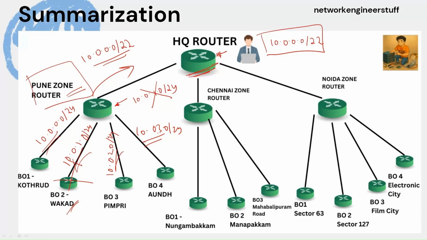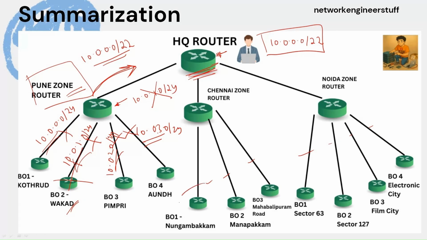The update will be sent only when this whole network is down, meaning all the routers are down and that summary route itself is down. For a change in the individual routes, it will not send the update, because it is not sending the individual routes, it is sending a summary route. So the HQ router will not get the update that Wakad branch is down, and neither will the other routers in the network.